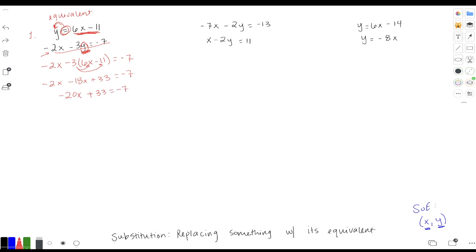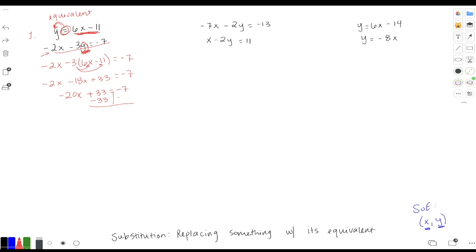Now, we can't simplify anything else on this side of the equal sign, so now we have to start doing our opposite operations in order to isolate x. Okay, and we're going to start with the furthest number away from our x. So that's going to be this 33. Our opposite operation here is to subtract that, because plus 33, we got to cancel it out. The opposite of plus 33, in order to cancel that out, is minus 33.